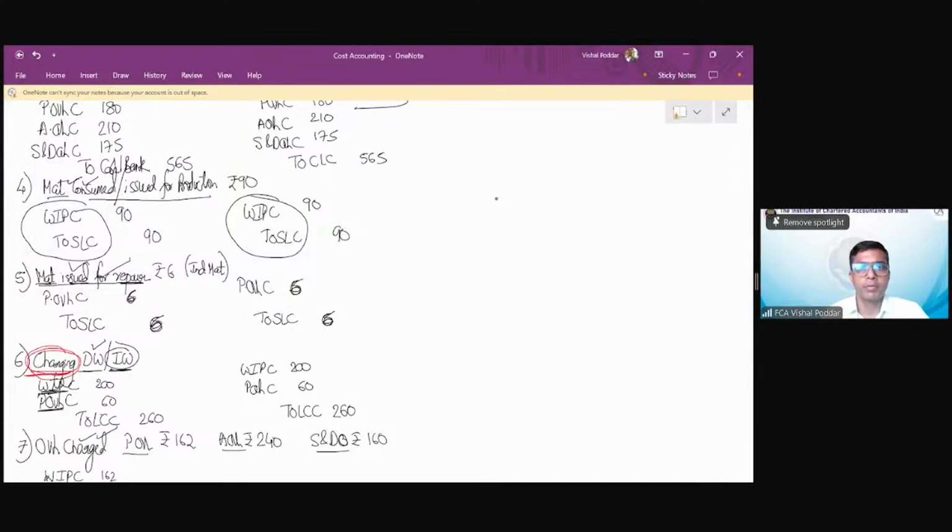Similarly, we will have further transactions for charging these expenses. Out of this, one transaction is not given in the sum, that is for charging the labor. You have to pass this entry by yourself after passing the entry for labor cost incurred. For material and for overheads, this transaction would be given, but not for labor.